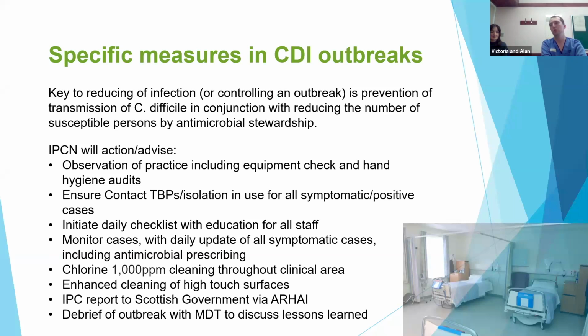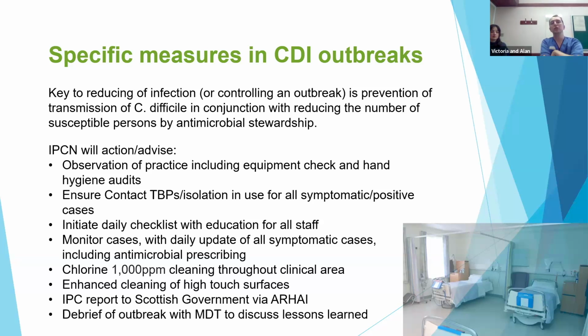So we will do potentially an observation of practice, which includes equipment checks. So we're looking to see if there's any visible fecal contamination. In particular, we'll look at things like commodes and toilets. We'll do hand hygiene audits to ensure that staff are washing their hands correctly. Every single patient will be put under contact transmission-based precautions, and we'll isolate in a side room, as I described.